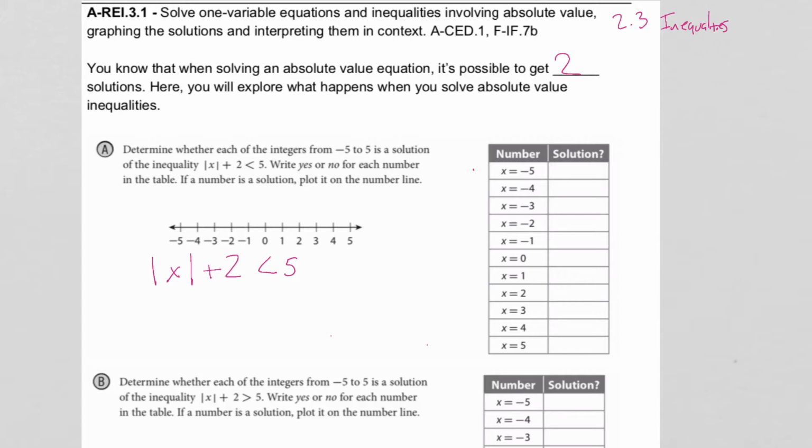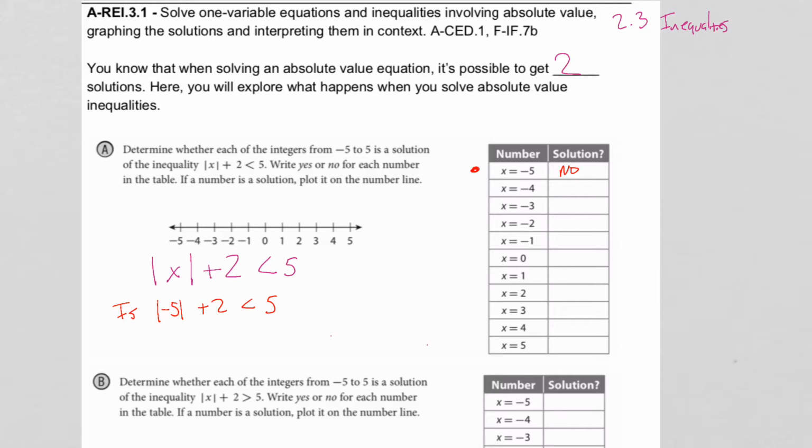So when x is -5, what is the absolute value of -5? That's, of course, 5. And basically this plus that, 5 plus 2, is it less than 5? And the answer is no, it's not.